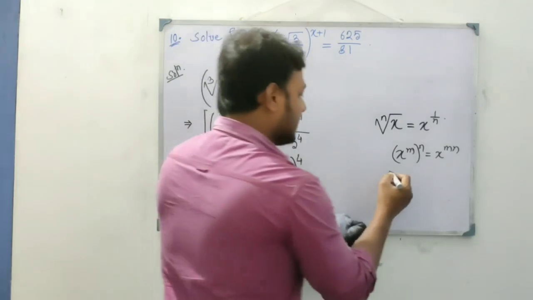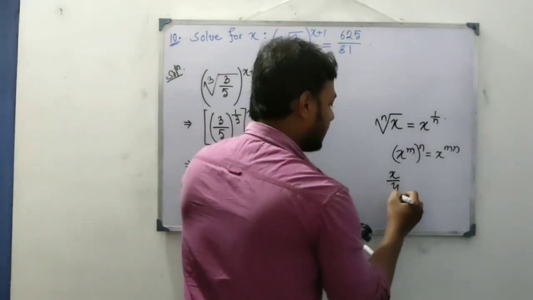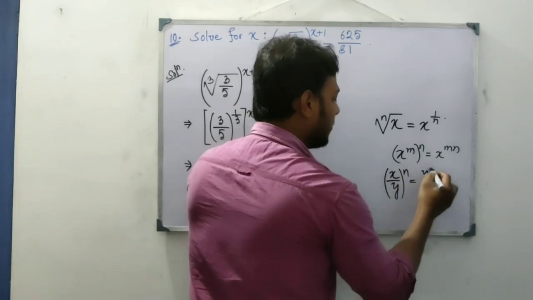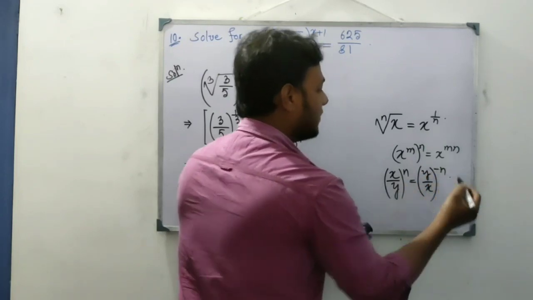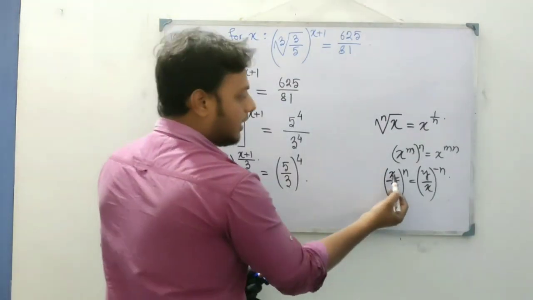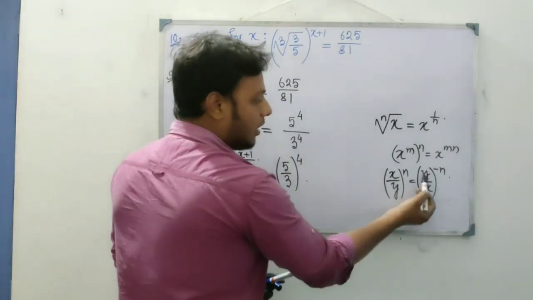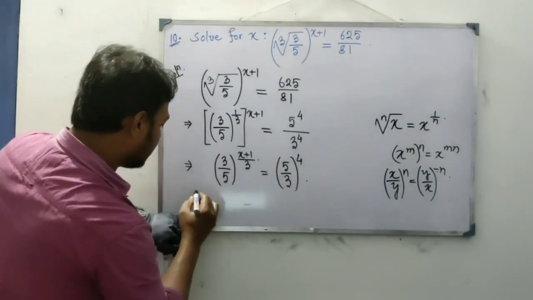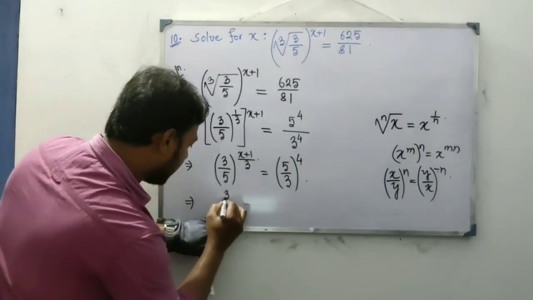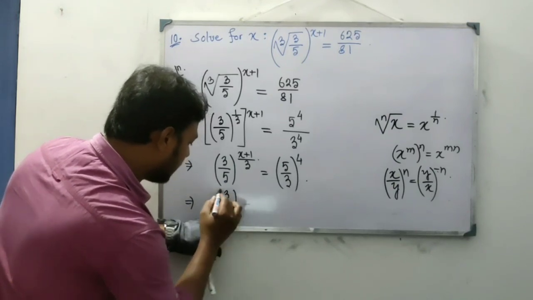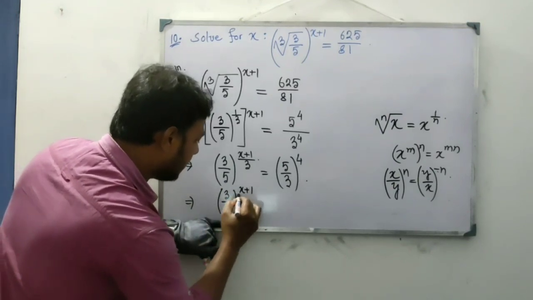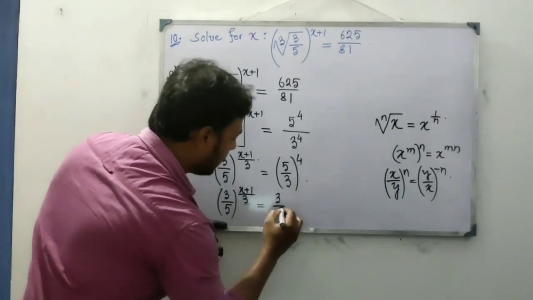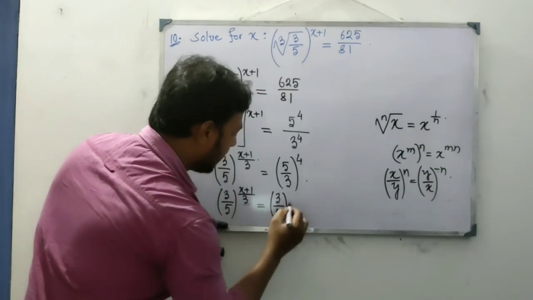Why? Since there is a rule that (x/y) to the power n equals (y/x) to the power minus n. To write x/y as y/x, we just have to consider a minus sign. So we can write (3/5) to the power (x+1)/3 equals (3/5) to the power minus 4.